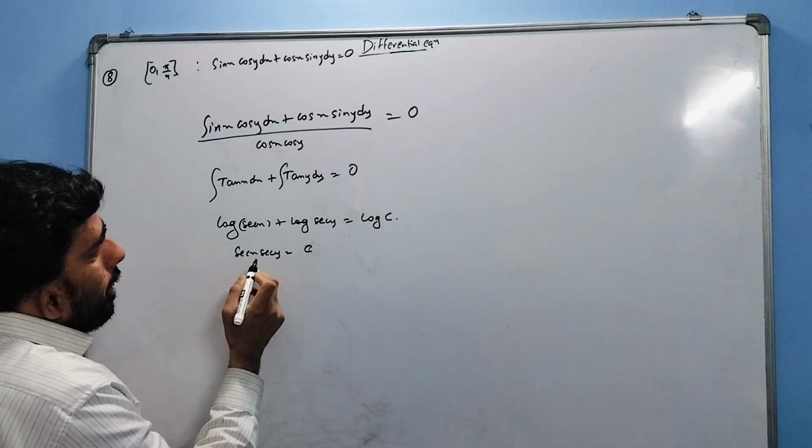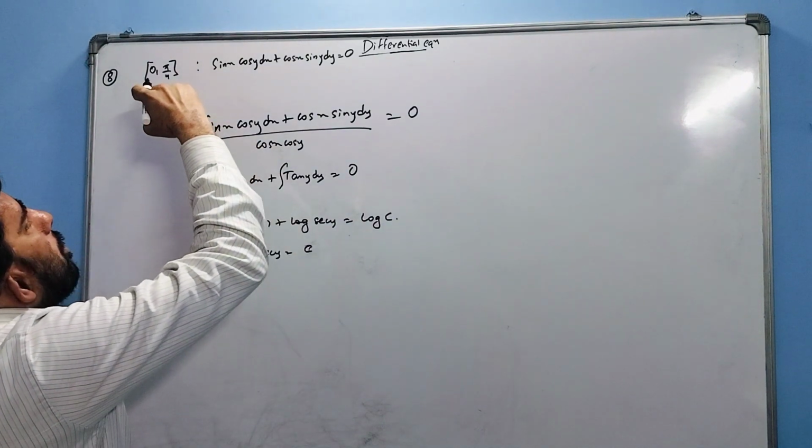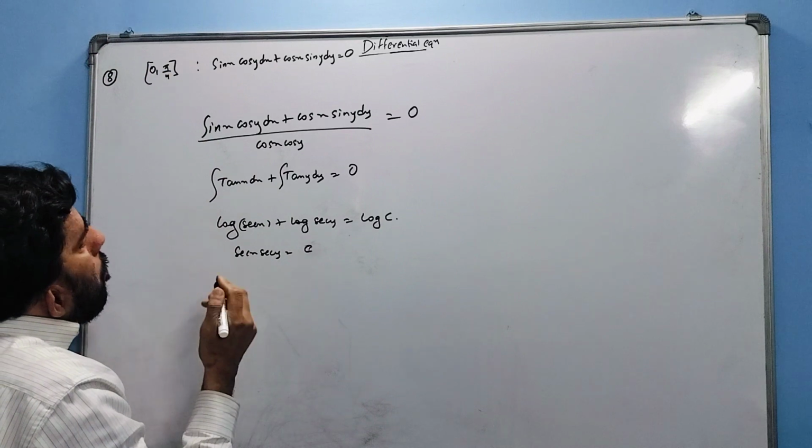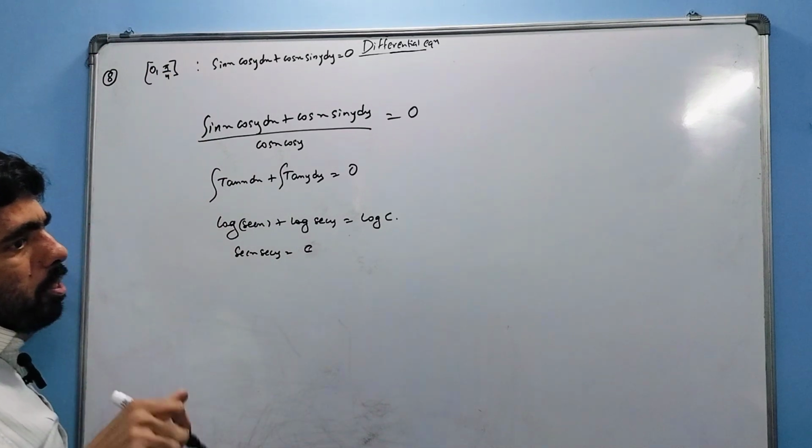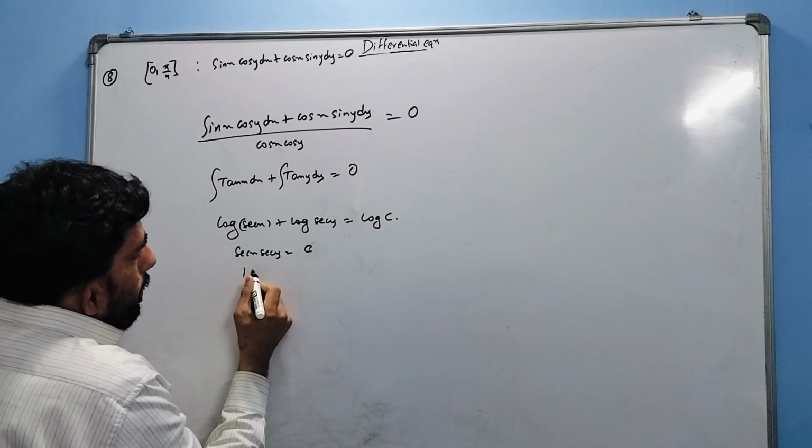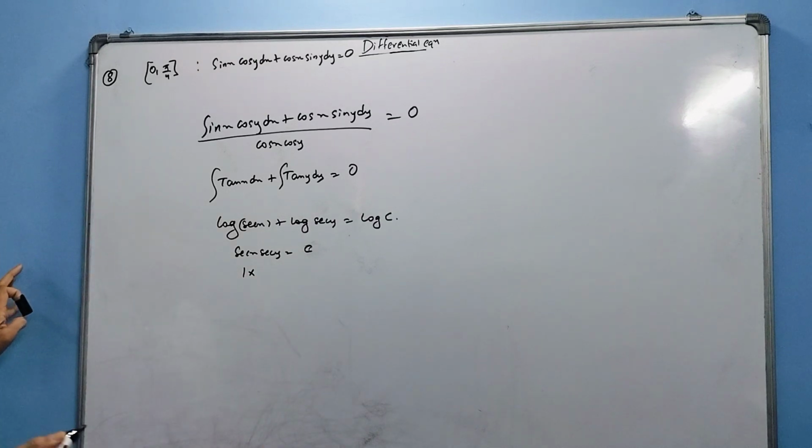Now we know the equation passes through this point. So x is 0, sec 0 will be reciprocal of cos 0. Cos 0 is 1. So 1 into sec 45, reciprocal of cos 45, root 2.